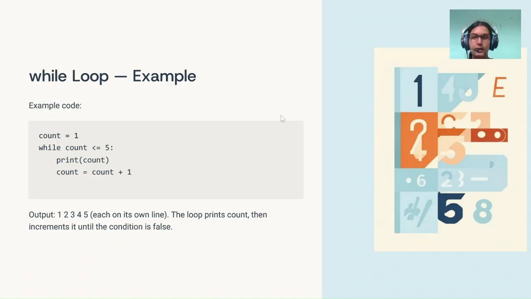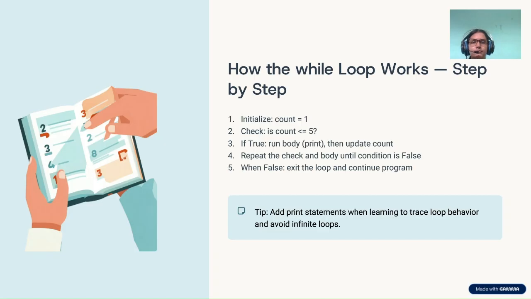Let us move on to the next thing, which is basically a detailed explanation of how the while loop actually works, right? First, we initialize count is equal to 1.